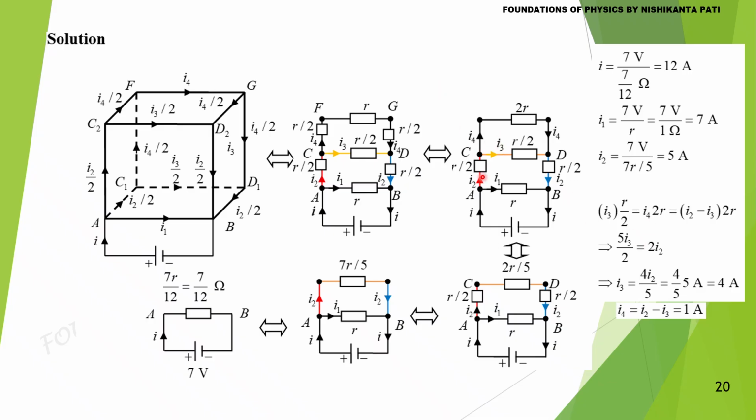I4 is I2 minus I3. Then from this we get I3 equal to 4 ampere. Since I3 is 4 ampere, I4 has to be 1 ampere. And this is I2 by 2, we can find accordingly. This is I4 by 2, we can also find this current. Similarly, all the currents we can find.